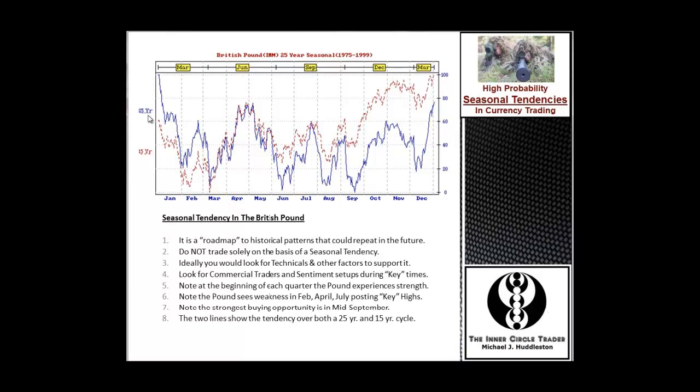The difference is that the blue line is 25 years of data collected and compiled, and the red line is a compilation of data over the last 15 years. So we have 15 years worth of sample set data and then 25 years of sample set data. And you can see that because of the 10-year difference, there's very little shift in terms of what it's calling in terms of highs and lows that come into the market.